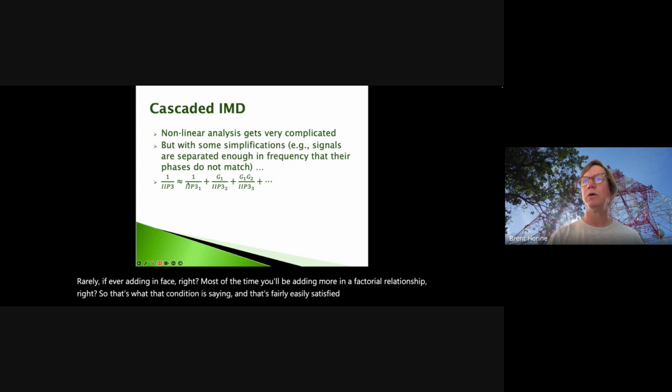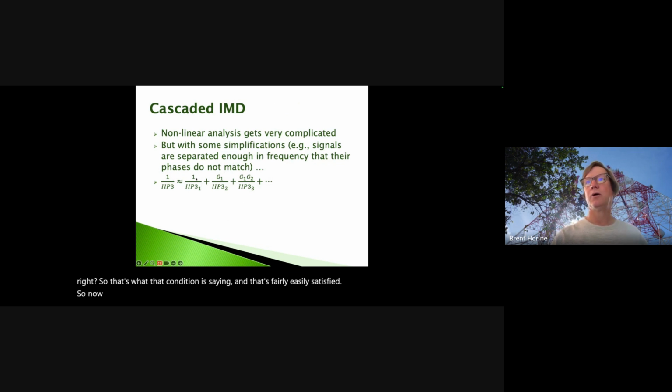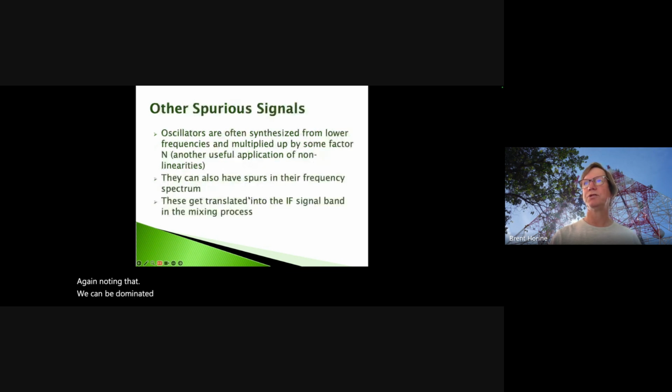So now we cascade these things using something that looks very similar to the noise factor analysis, but maybe in a reciprocal type of relationship. Again, noting that we can be dominated by that first stage.